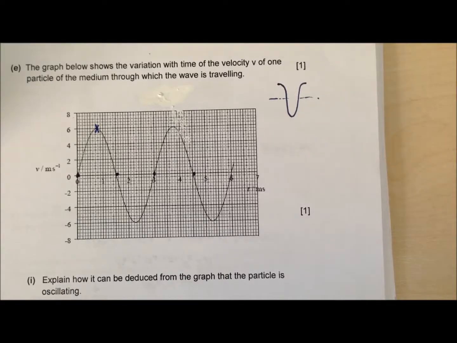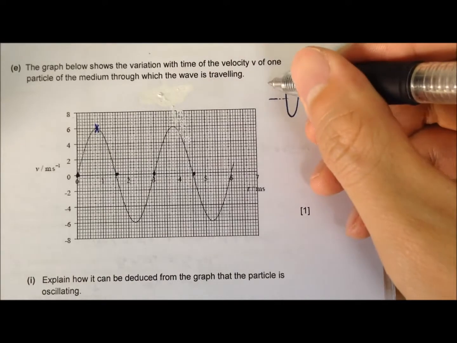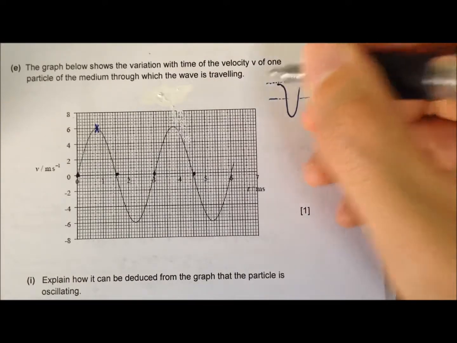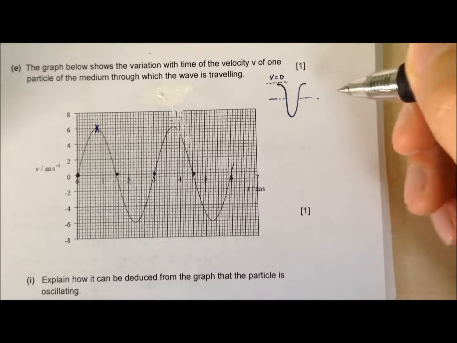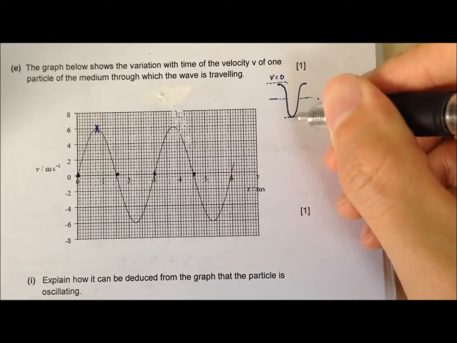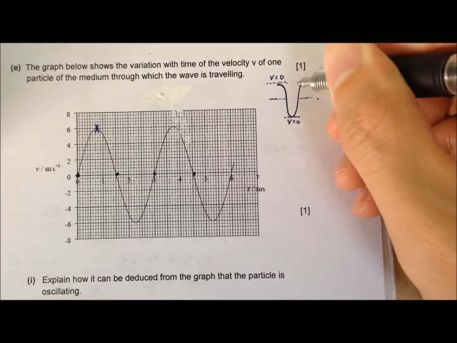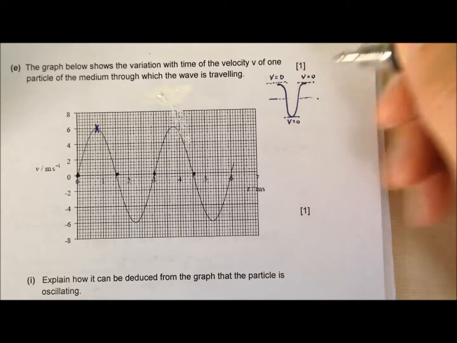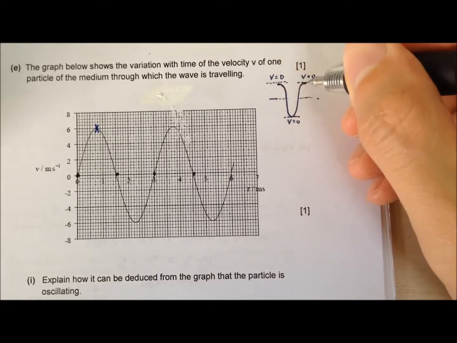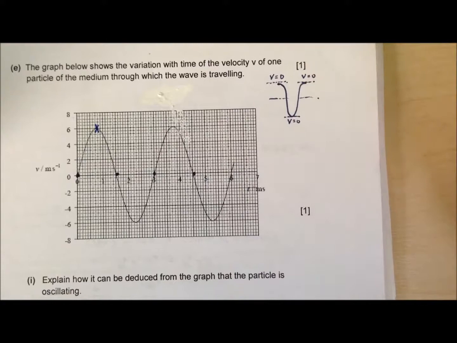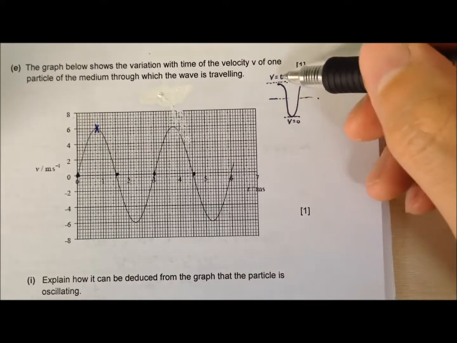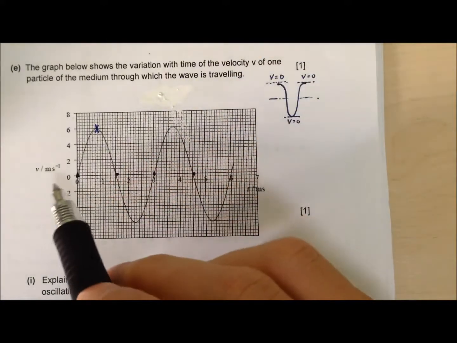But how about in terms of velocity? Now, it starts at the top point, right? So at this point, it is turning. So V equals 0, go by another turning point, V equals 0, go by another turning point, V equals 0. So in one full oscillation, how many times will velocity equal 0? 3 times. 1, 2, 3. So look at this graph.